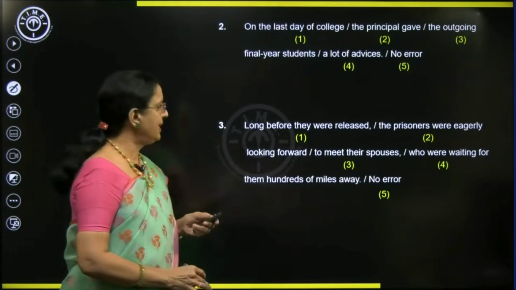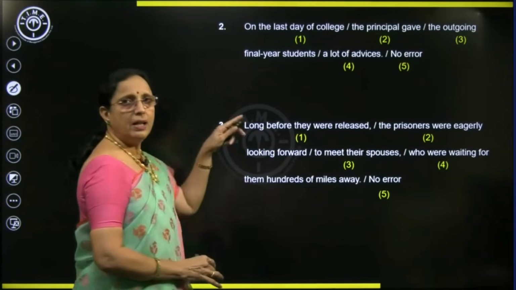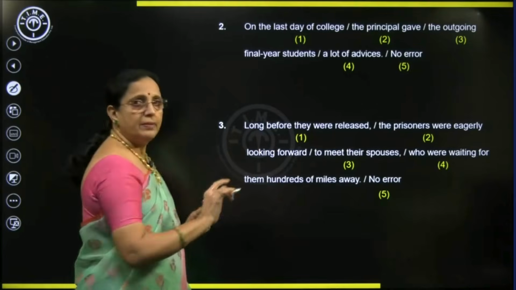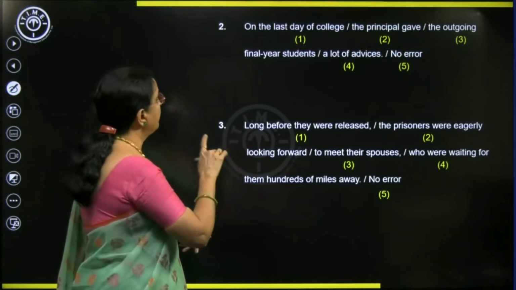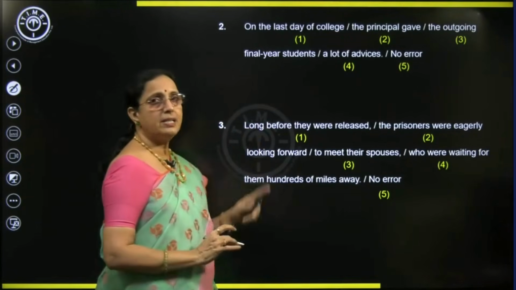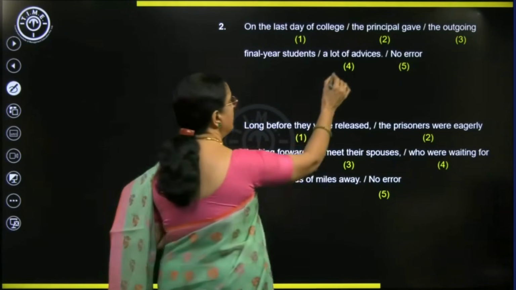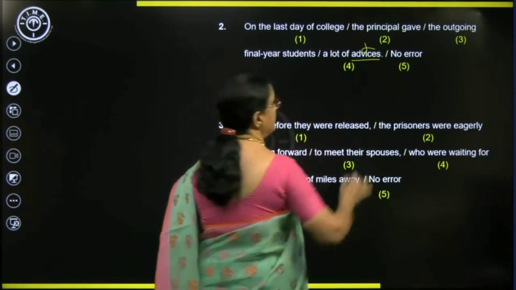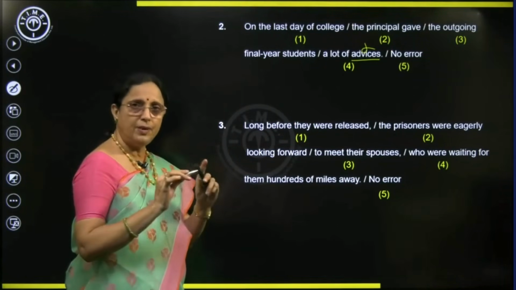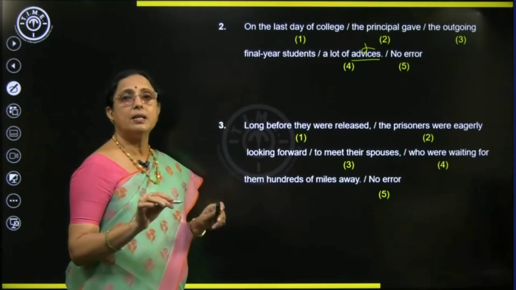Clear? Next one. On the last day of college, correct. The principal gave, correct. The outgoing final year students, correct. A lot of advices, incorrect. What's wrong here? Advices is wrong. There are certain nouns which are always in singular and which are uncountable.